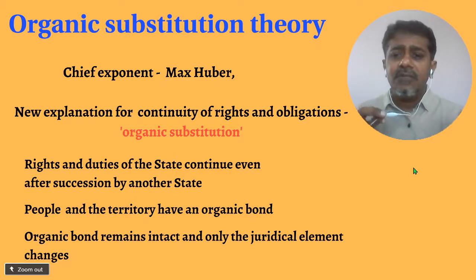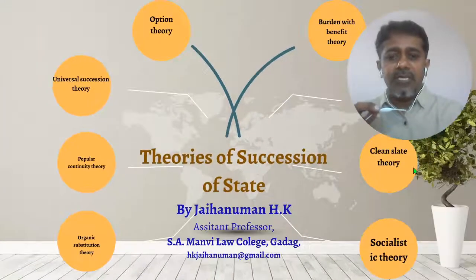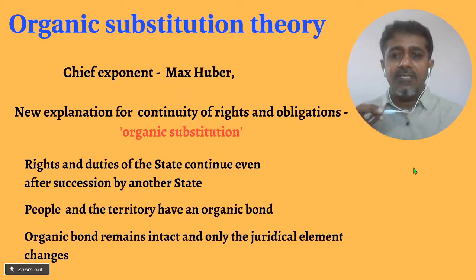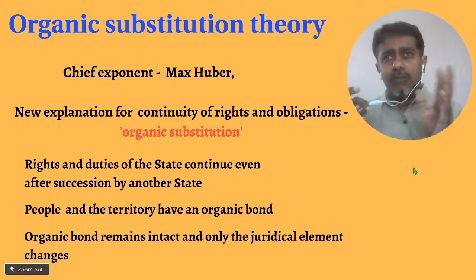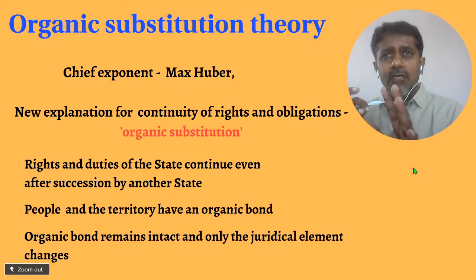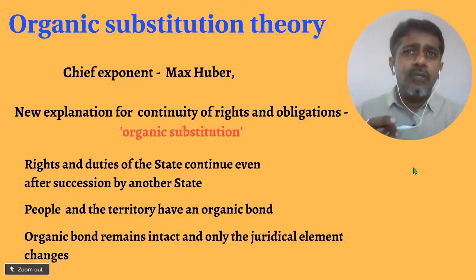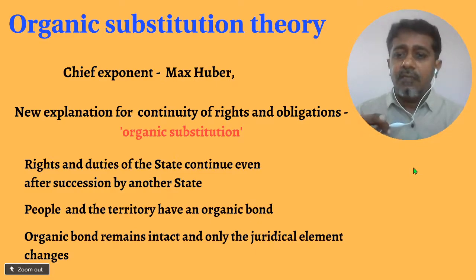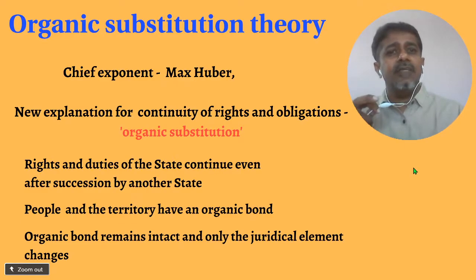The state is only a juridical element, whereas the people and territory, having an organic bond, remain the same. That being the case, mere changes in sovereignty are not necessarily going to change the rights and obligations. It's just a substitution of the old sovereign personality by the new one, whereas the territory and the population remain the same. And that being the case, their rights and obligations are also going to continue. This is what the organic substitution theory tells.